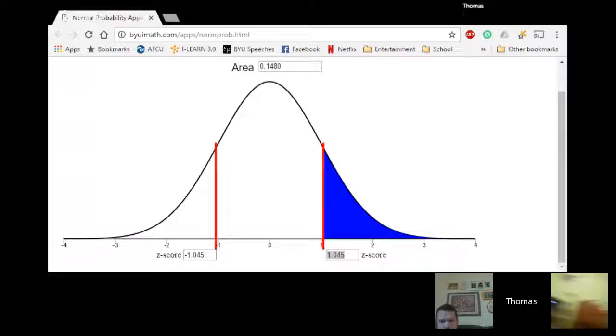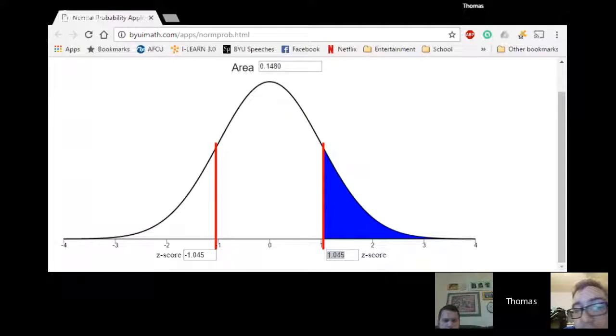Okay, so what we did is we took the Z-score that we found in the other one, and we entered that in, and then we wanted to know who was likely to get over 160. We got about 14%, or 0.148, are likely to get over 160.